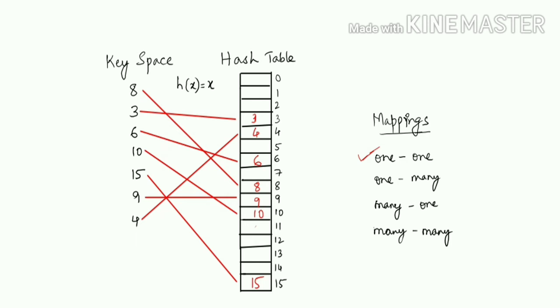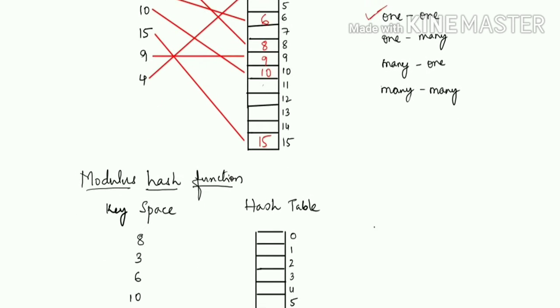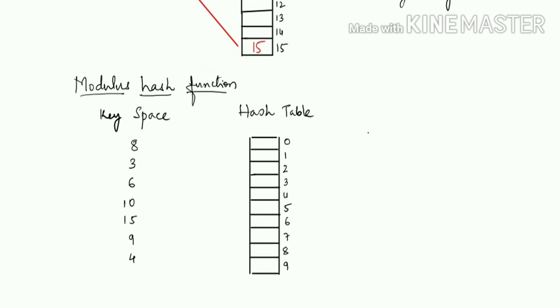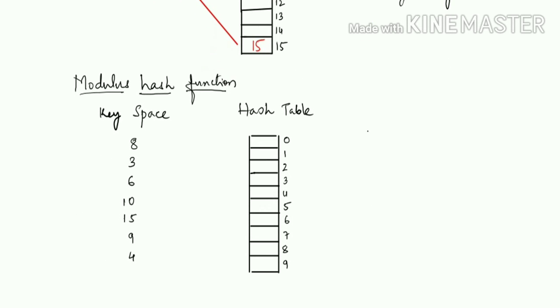To overcome this, what we do is we go for the modulus hash function. The function here is not h of x equal to x, which was in the earlier case. It is h of x equal to x mod 10. And you know what mod is? Mod means remainder.